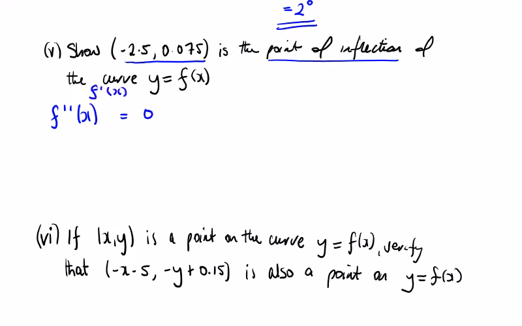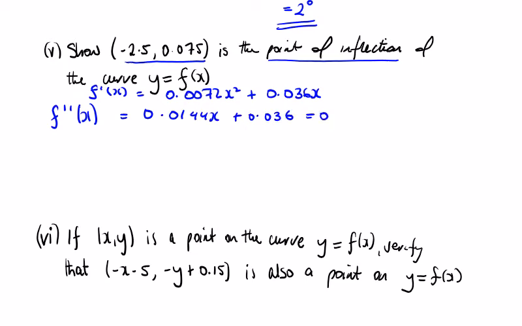f of x is equal to 0.0072 x squared plus 0.036x. So f double prime x is 0.0144 x plus 0.036.